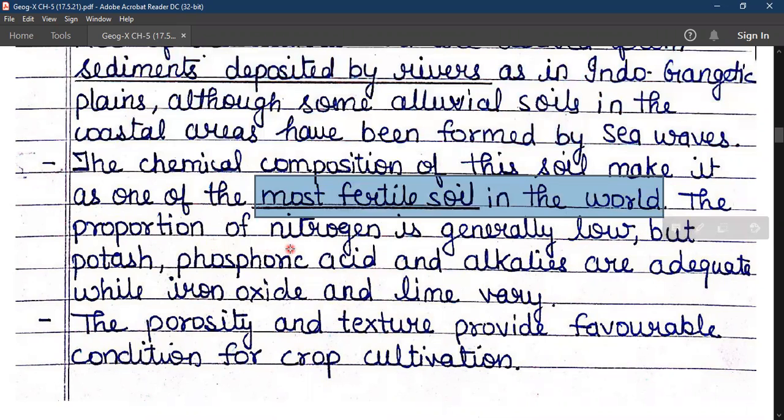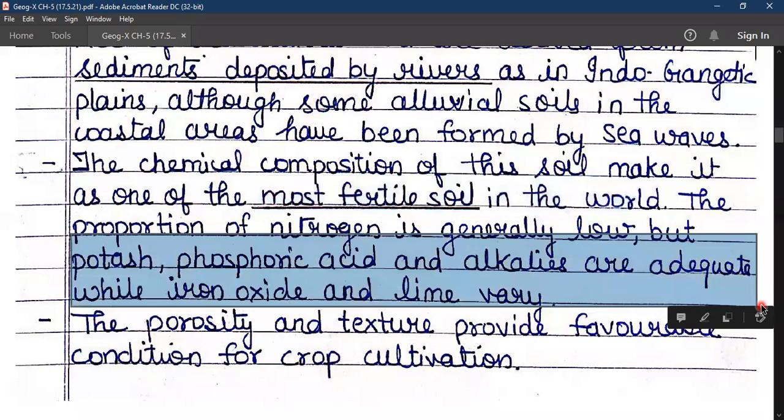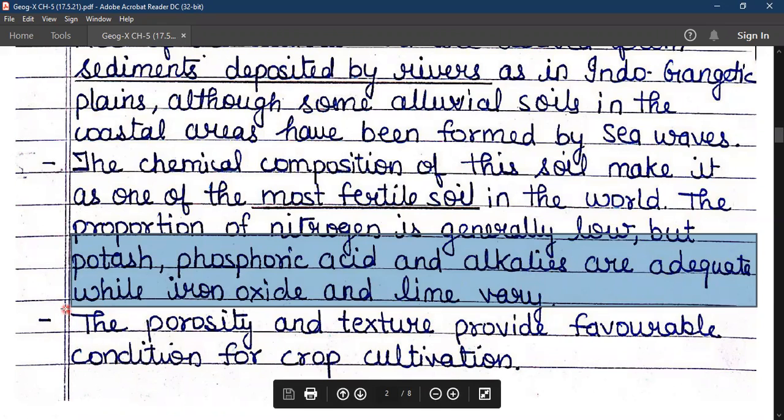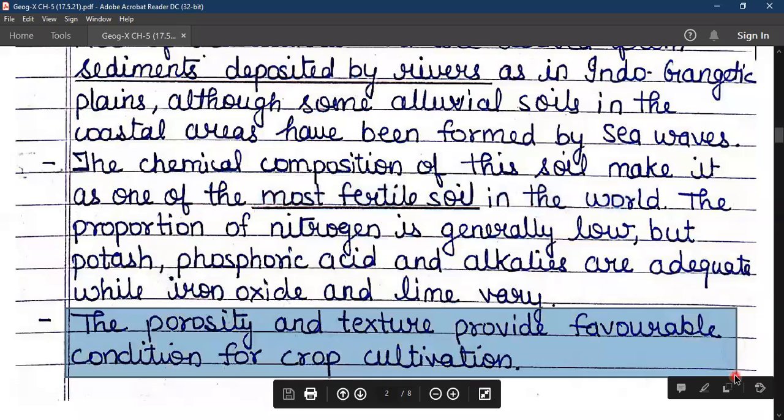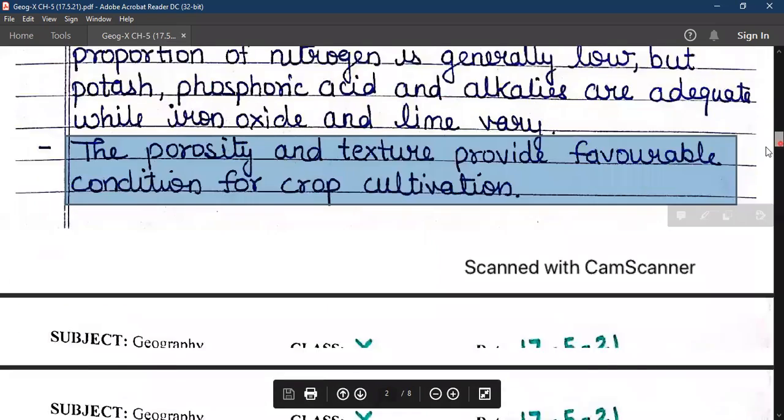The proportion of nitrogen is generally low, but potash, phosphoric acid, and alkalis are adequate, while iron oxide and lime vary. The porosity and texture provide favorable conditions for crop cultivation.